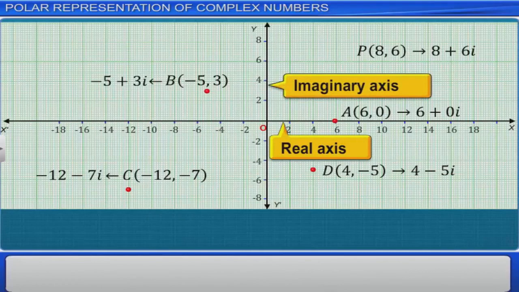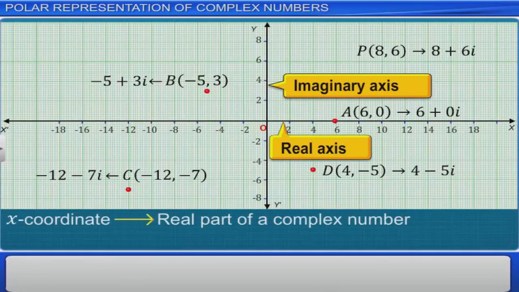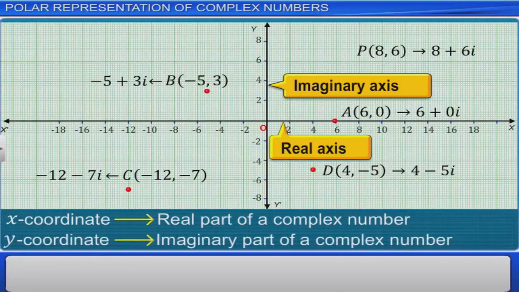The x-coordinate of a point corresponds to the real part and the y-coordinate corresponds to the imaginary part of a complex number. For point P(8, 6), 8 corresponds to the real part and 6 corresponds to the imaginary part of the complex number 8 plus 6i.